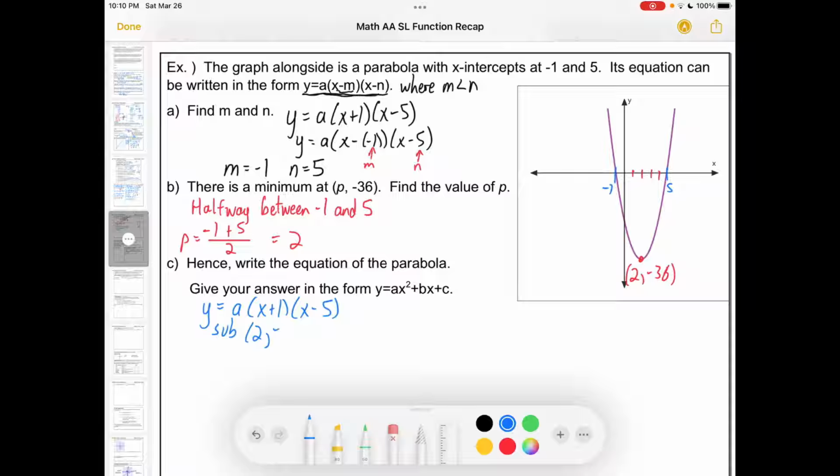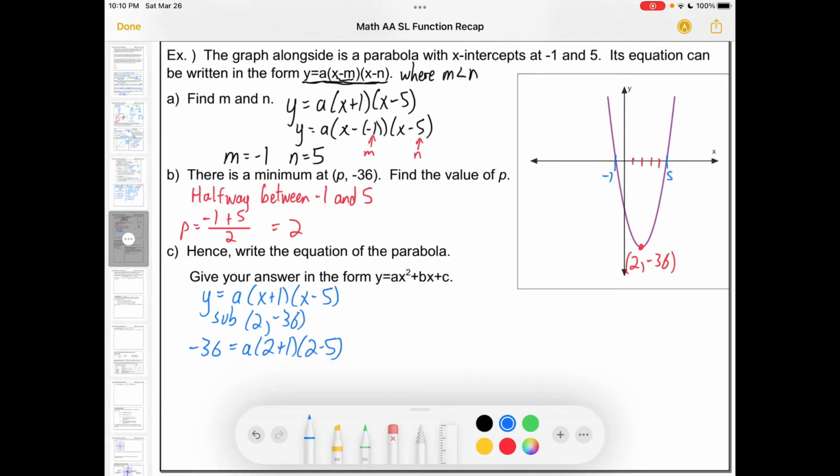So let me sub that in. It is a special point, but it's a point nonetheless. Y is negative 36 when x is 2. And from there, we can just solve. That is a times 3 times negative 3, or negative 9a is negative 36, or a is 4.